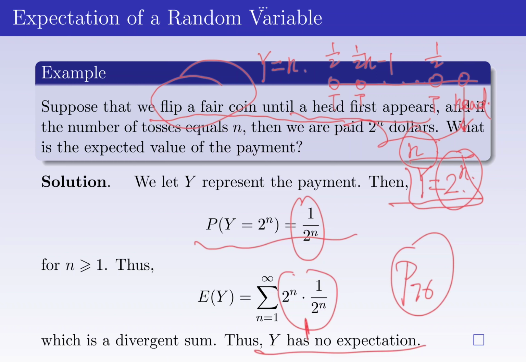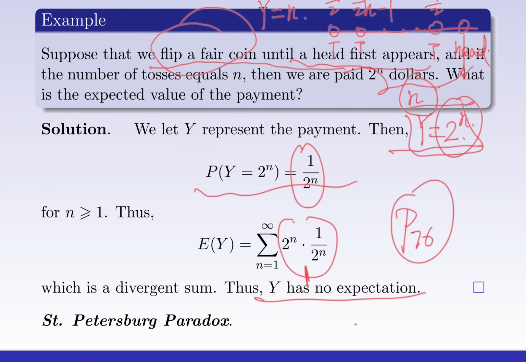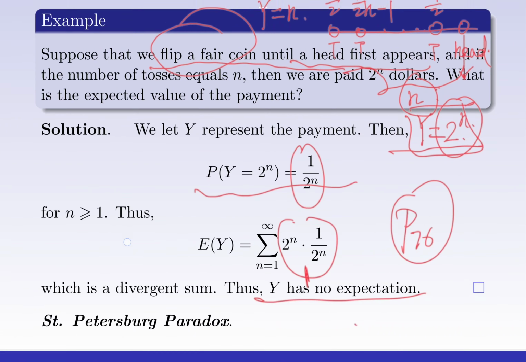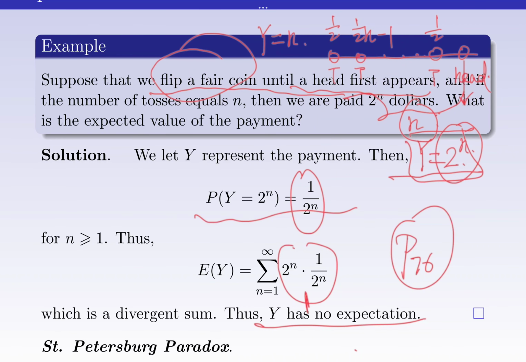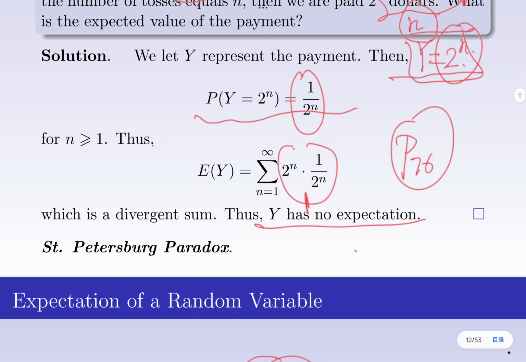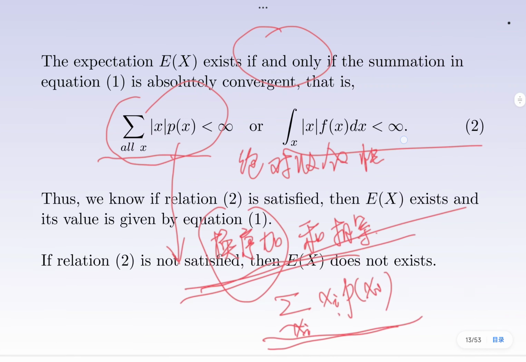What is the solution? The expectation is infinite. So why shouldn't we play this game, if the expectation is infinite? This is the St. Petersburg paradox.